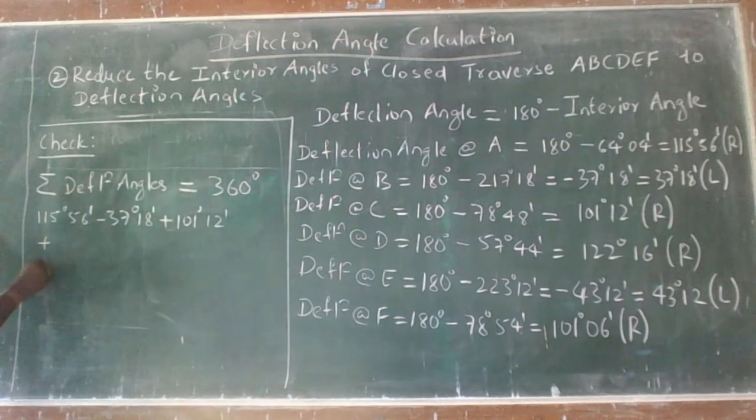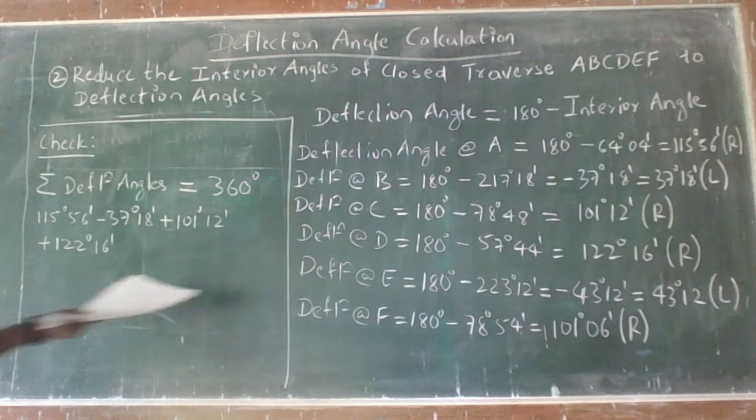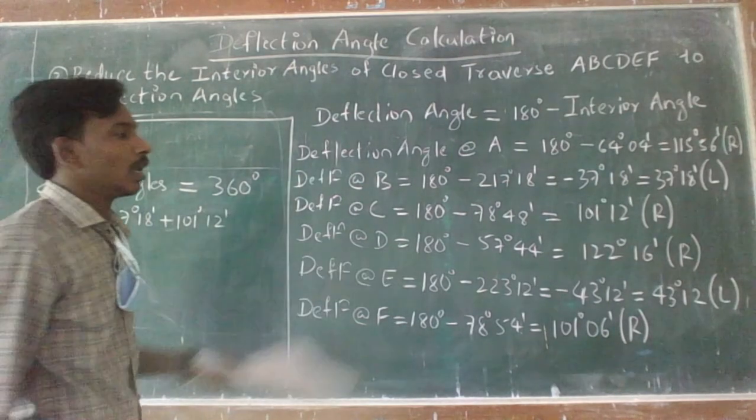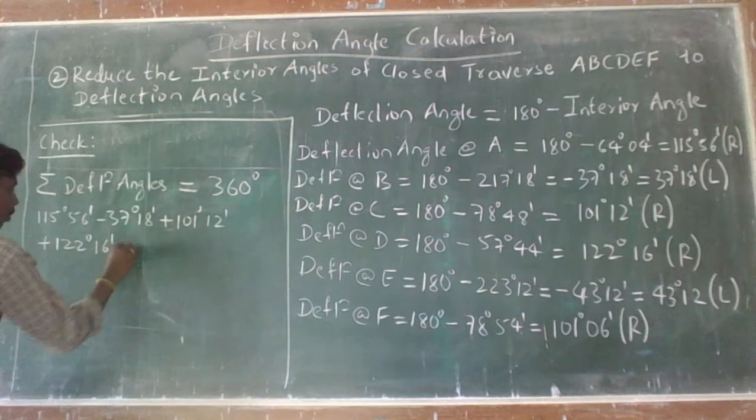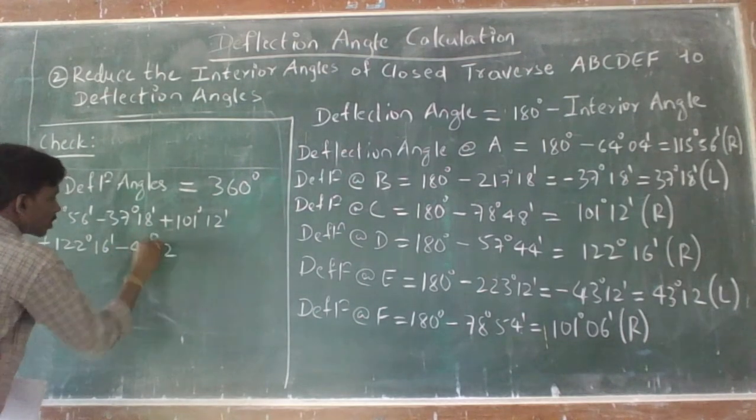and the angle is 122 degrees 16 minutes. The next deflection angle at E is towards left, so we have to use the sign minus: minus 43 degrees 12 minutes.